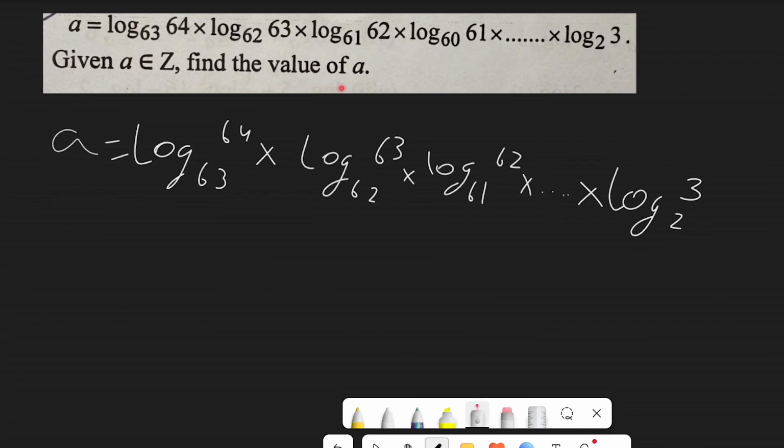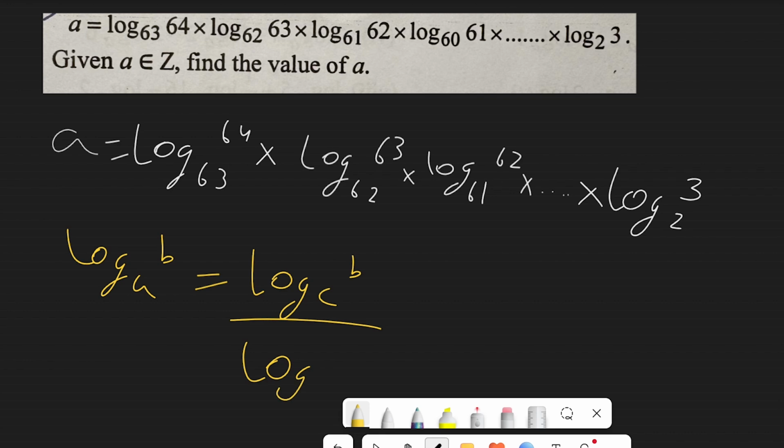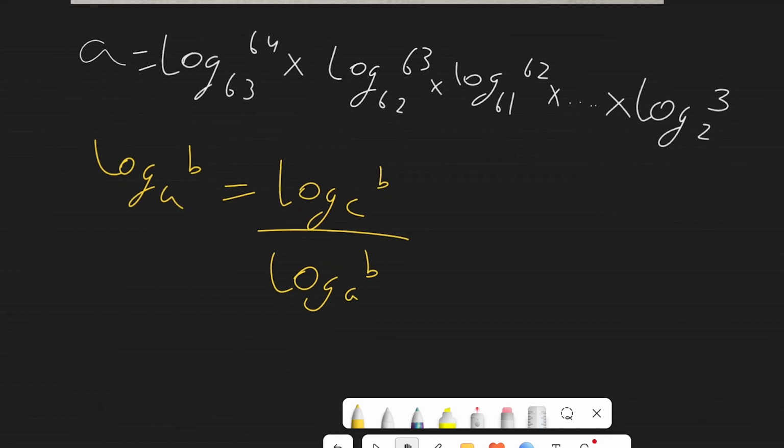What we need to do over here is remember a rule that we studied, and that is change of base. For example, if we have log of b to the base a, we can write it as log of b to the base c over log of a to the base c.